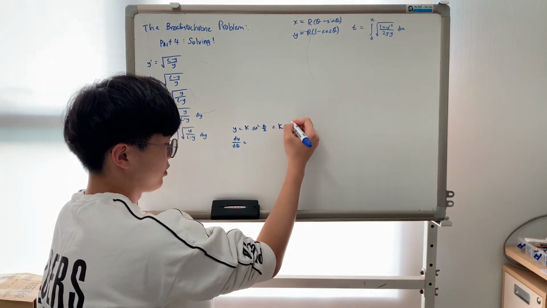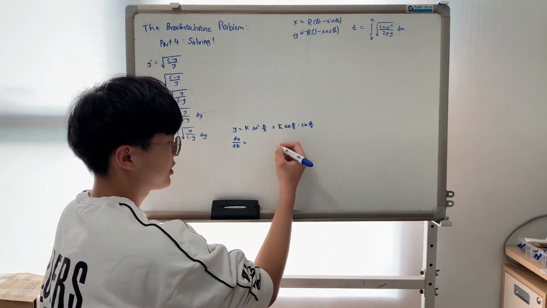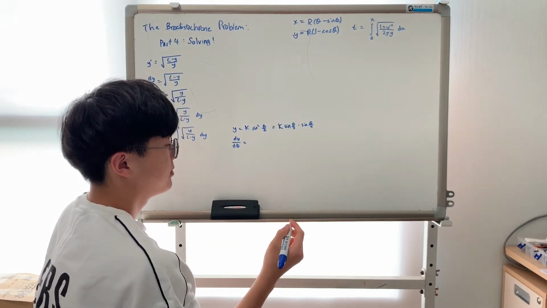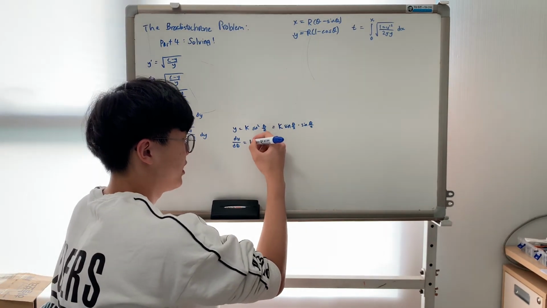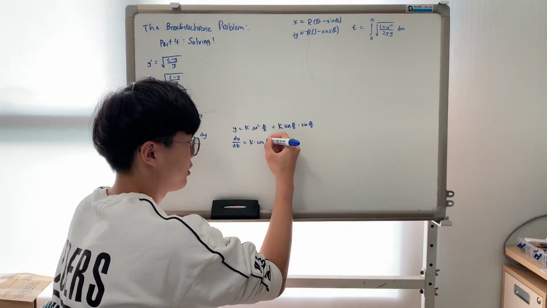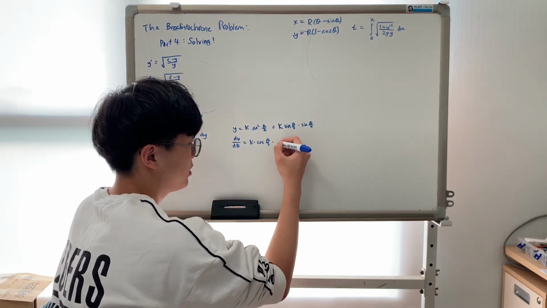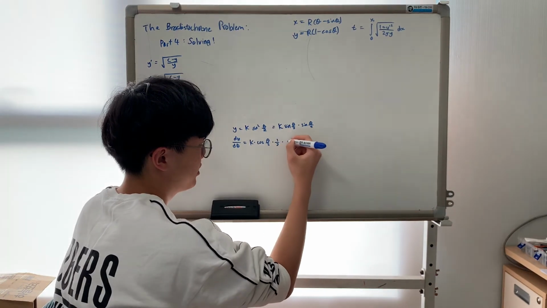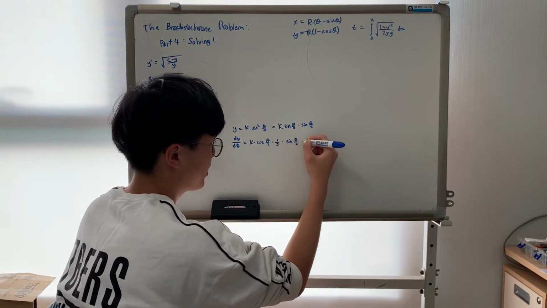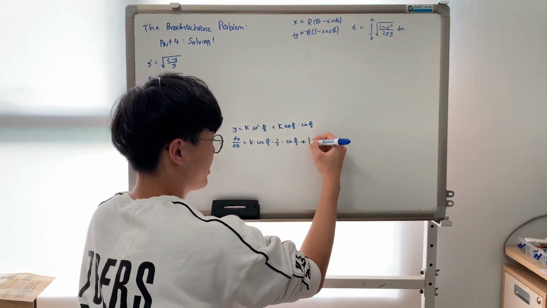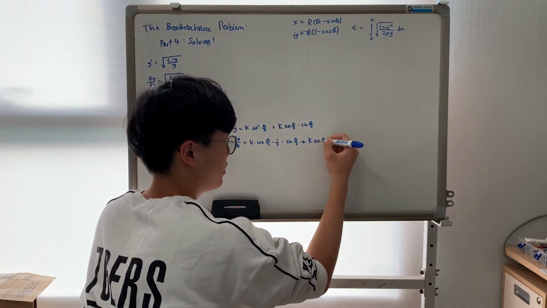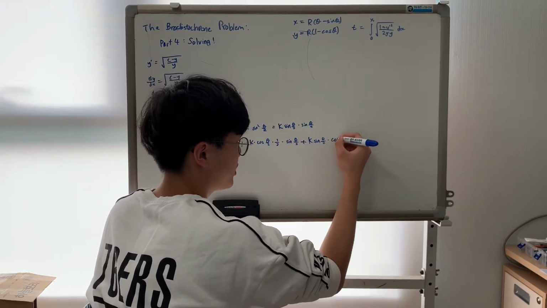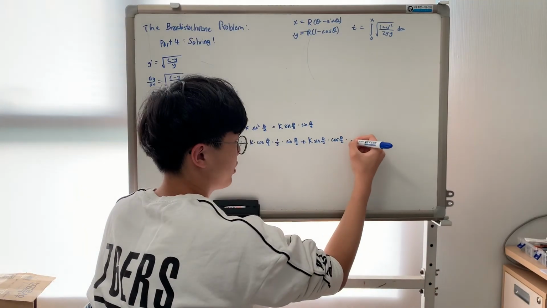Differentiating the first part gives us k cosine of theta over 2 times 1/2. So we get k times cosine of theta over 2 times 1/2 times sine of theta over 2, plus, leaving the front part as constant, we differentiate the second part, which gives us cosine of theta over 2 times 1/2.